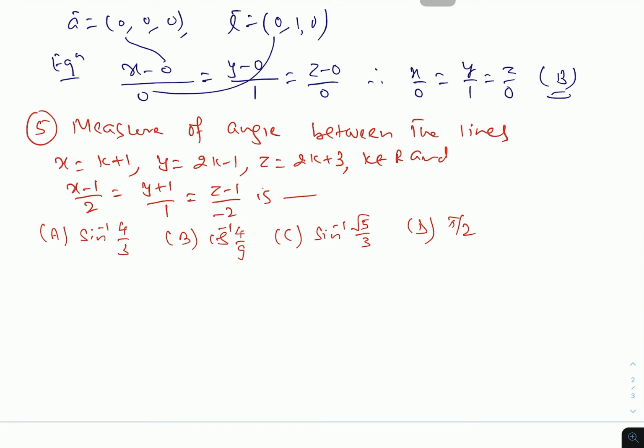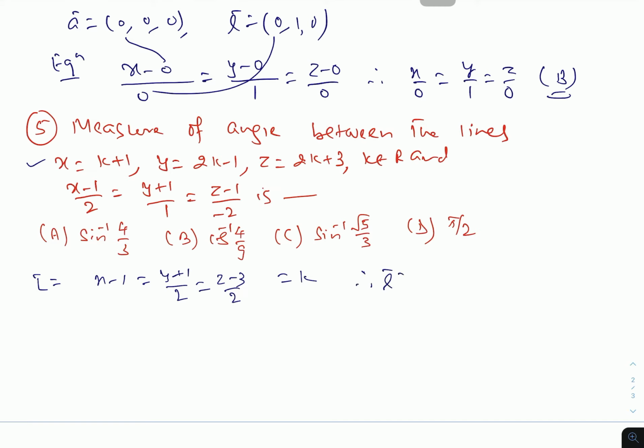So now here the first line has the equation we can write like this: x minus 1 equal to k, then (y plus 1) by 2 equal to k, and (z minus 3) by 2 equal to k.